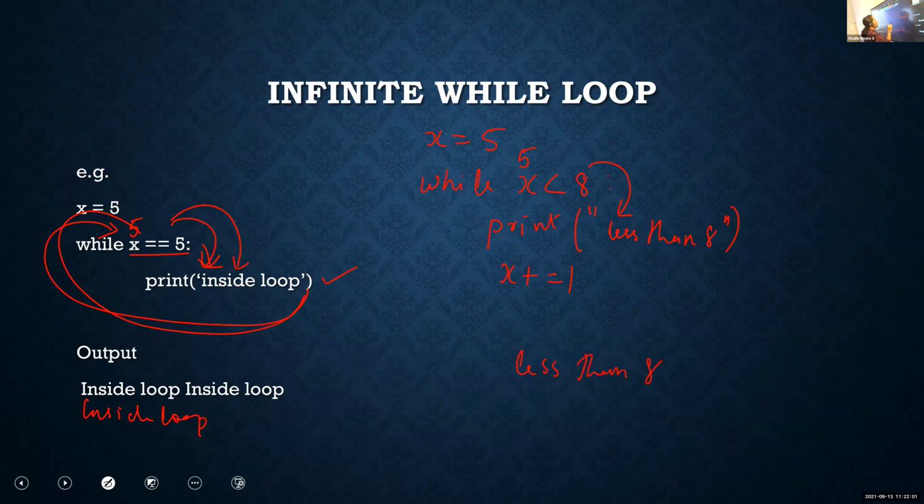After that, the value is incremented, that is, x is equal to x plus 1. The value of x is 5, so 5 plus 1 is 6. After executing this incrementation statement, the value of x is 6. Then it will again move back to this while condition.